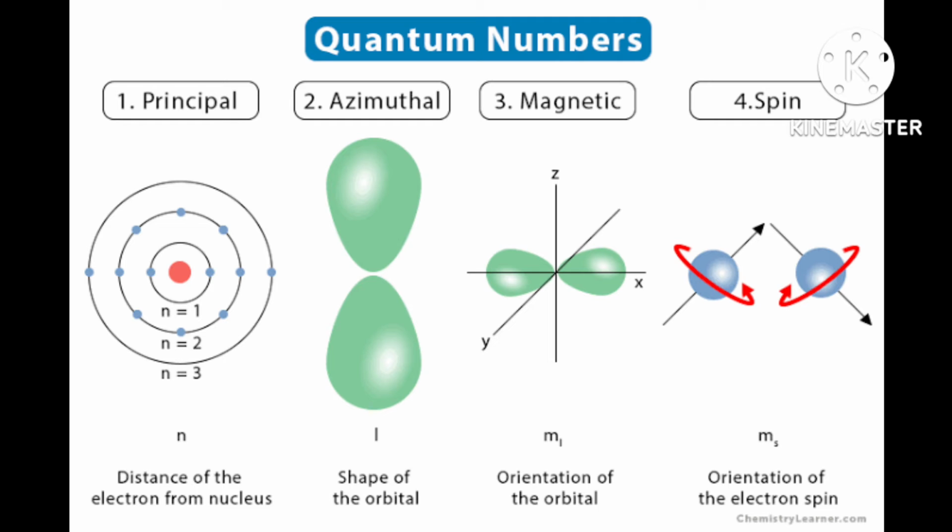Then the 2l plus 1 formula is there. First start with l is equal to 0. Then 2 into 0 plus 1. 2 into 0 is 0, only 1.